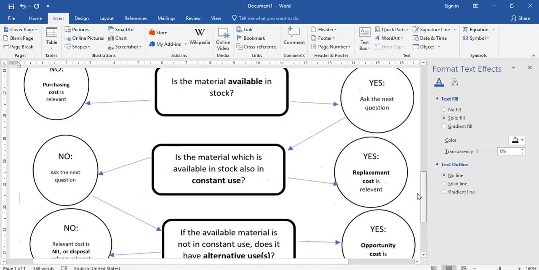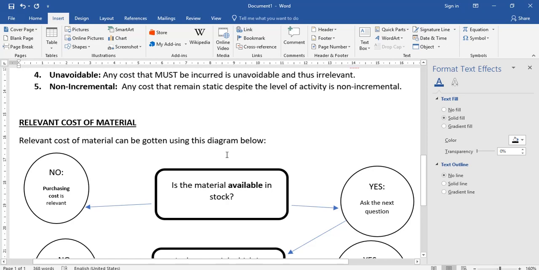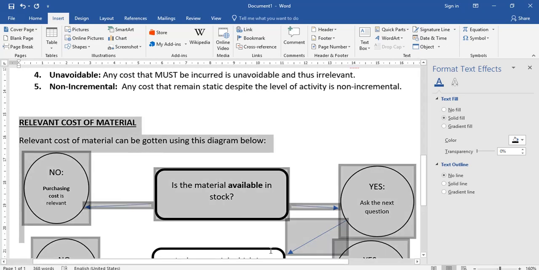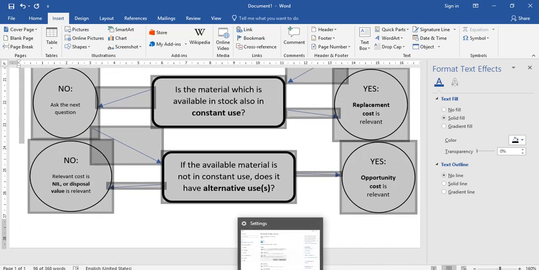Okay, so let me see how I can also use this one for labor.